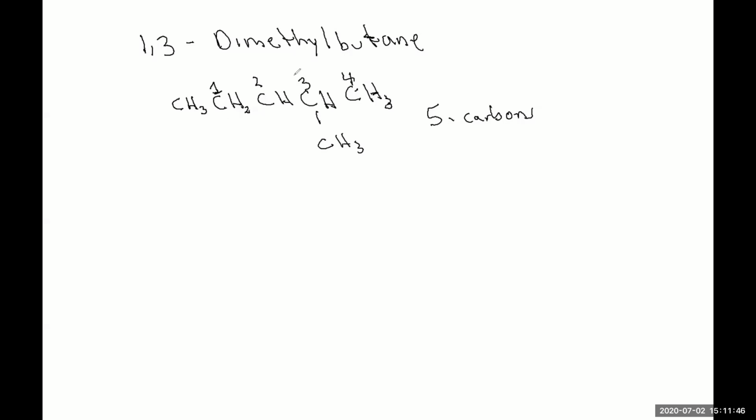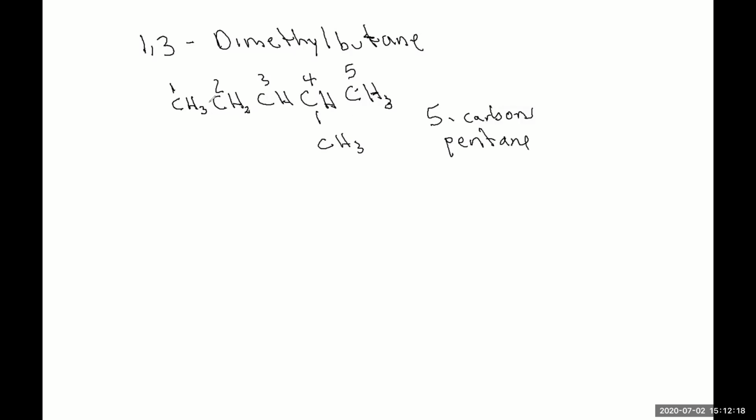So one possibility is 1, 2, 3, 4, 5. If you number from this way, it would be 4-methylpentane. The parent compound then would be 5 carbons, so it would be pentane.